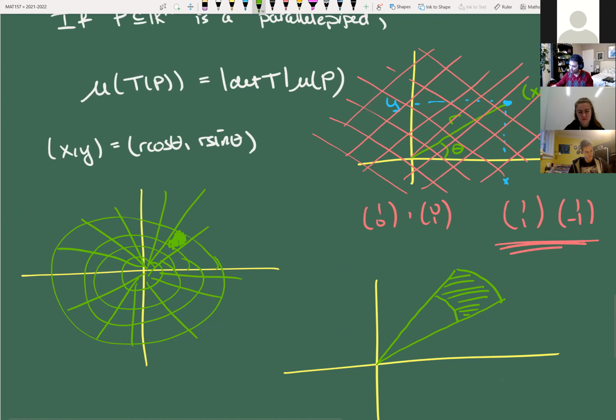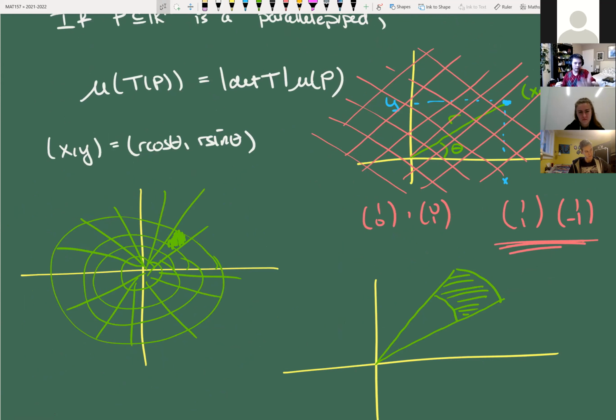So as was pointed out, in the red thing above, I know exactly what the areas of these squares are, because that's the determinant of the change of basis matrix between them. These are parallelograms or parallelepipeds. This new grid relative to my old grid, I can figure out exactly how the areas of those things have changed because I can just compute the determinant of the change of basis matrix.